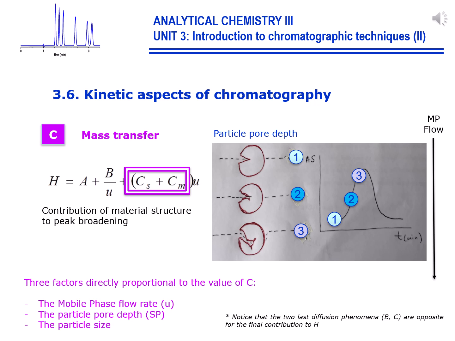Finally, the smaller the particle, the smaller the pore depth, and then the smaller the contribution of the C term. These are the three main factors that are directly proportional to the value of C. Notice that the two last diffusion phenomena, B and C, are opposite for the final contribution to H.